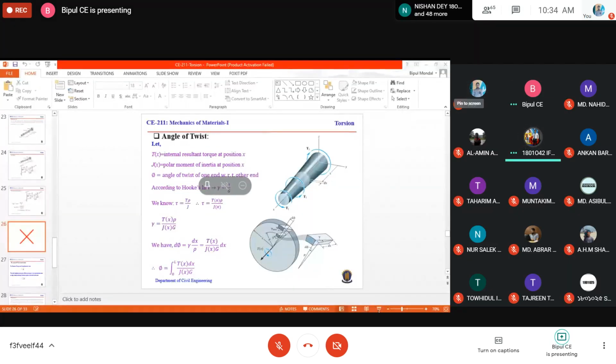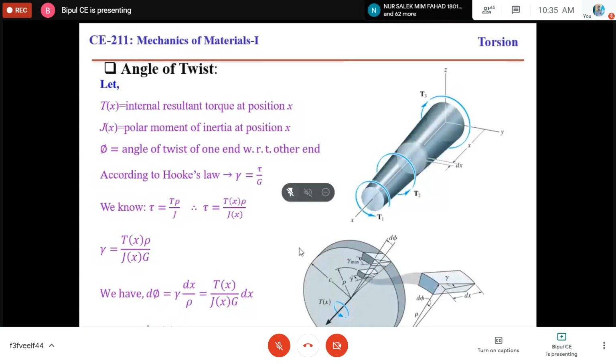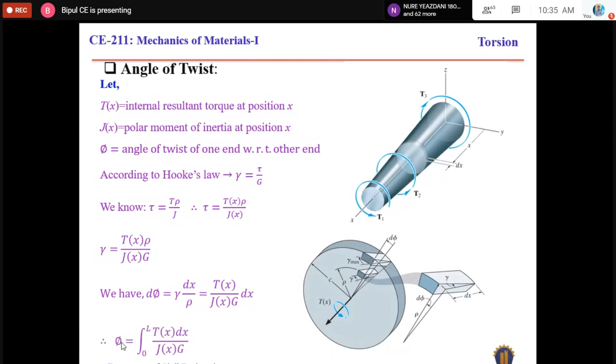So I was saying that phi is the total angle of twist of one end with respect to the other end, and as the cross-sectional area of the shaft is varying from one end to another end, we have to integrate the polar moment of inertia from one end to another end to get the resultant polar moment of inertia.